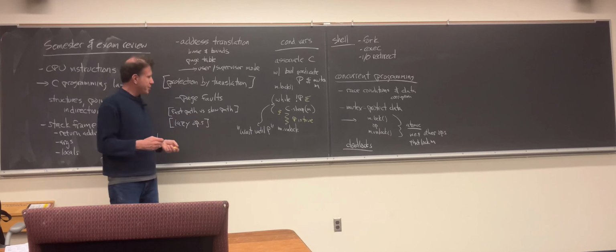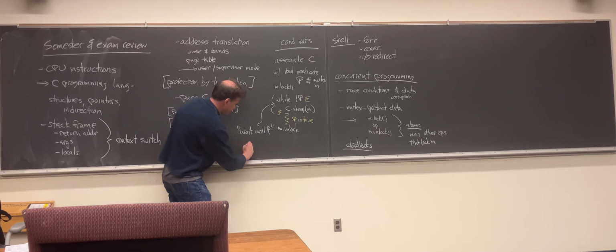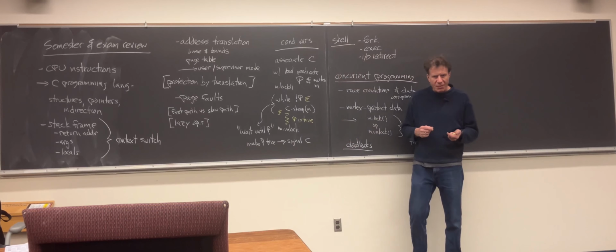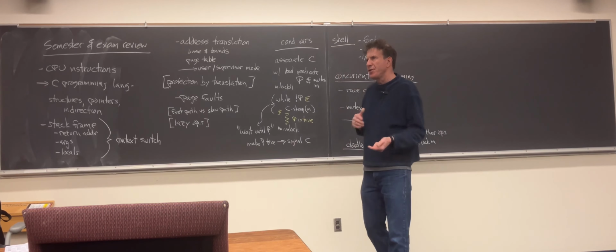And the only reason that works is whenever we have a piece of code somewhere that makes P come true, we signal the condition variable. So in the case where we had worker threads waiting for work on a queue, they're waiting on the condition that the queue is not empty.